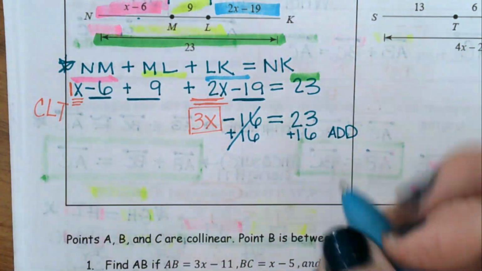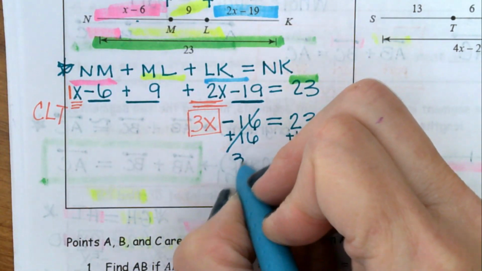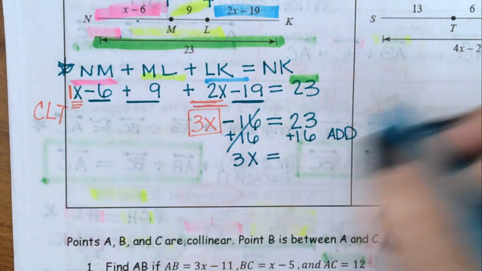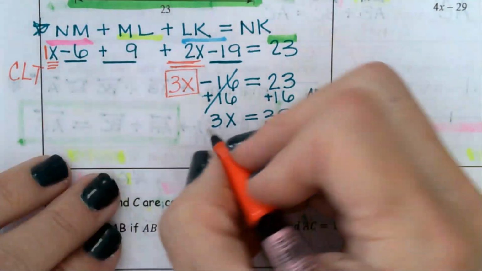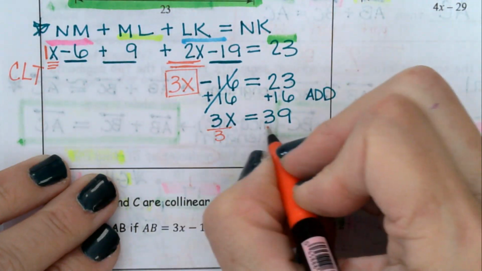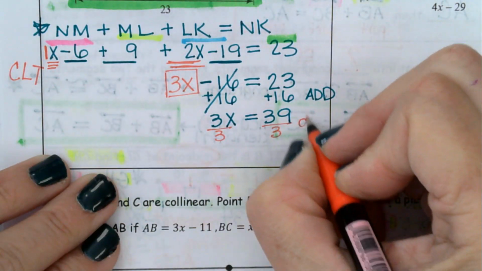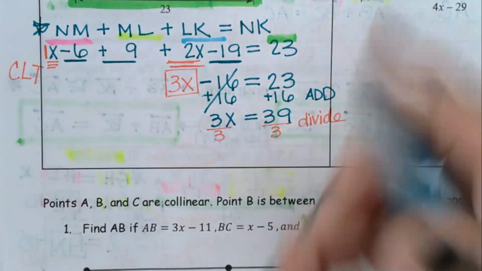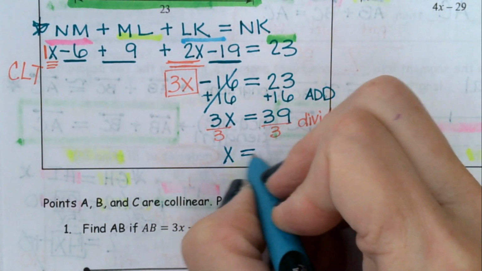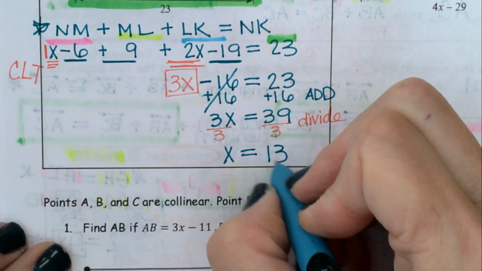What are we left with? 3x equals what? 39. What do you do with the 3? Okay, so we're going to divide. Okay, so what's our final answer? X equals how much? 13.